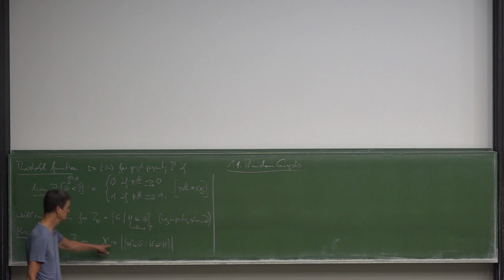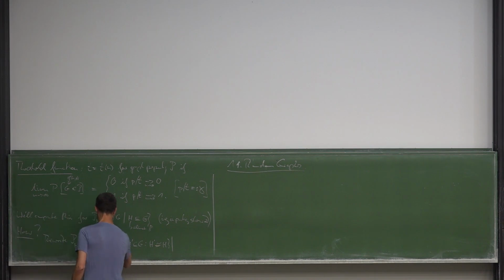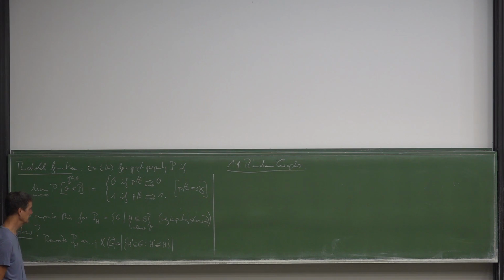So that's X of G, a random variable on G, a function of all the G's.